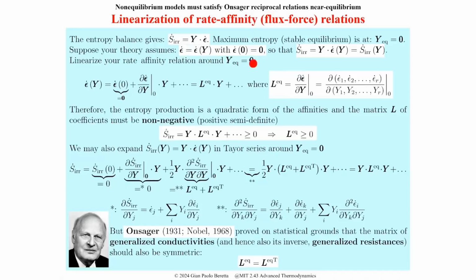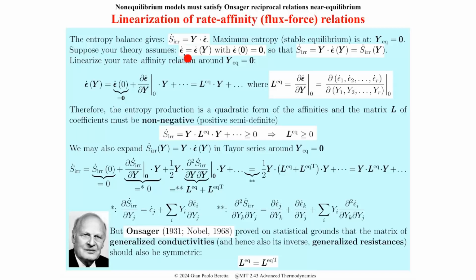Clearly, when you are at equilibrium, the net rate must be 0, so you want this function to be 0 when the argument is 0. And this argument is a vector, so that's why it's boldface. So this 0 is a list of conditions. So that you can substitute that into the expression for the entropy, and you get that the entropy rate of change is also a function of the affinity.